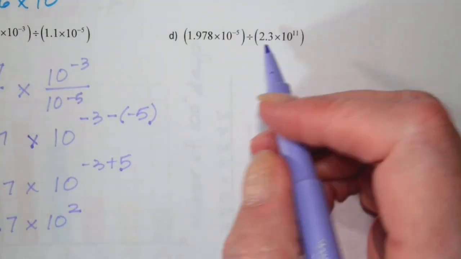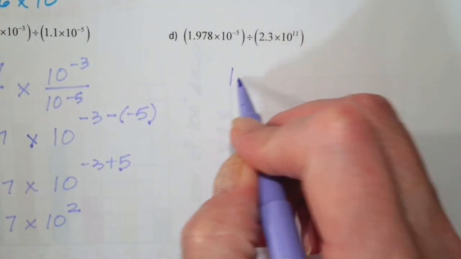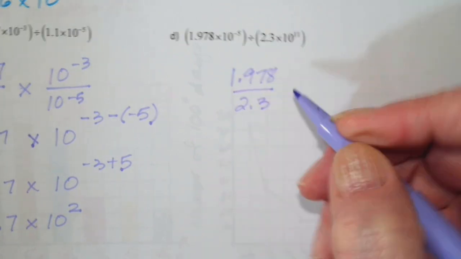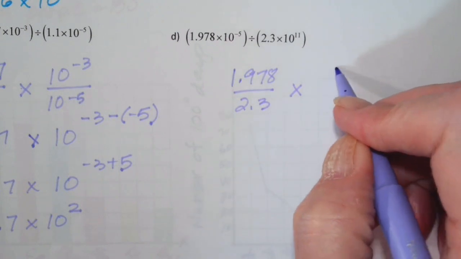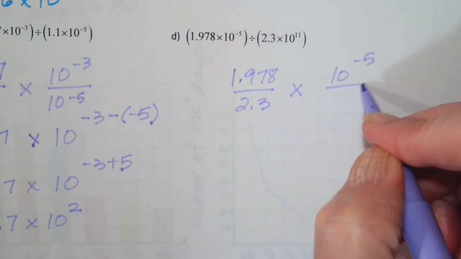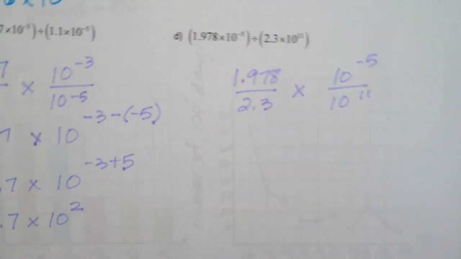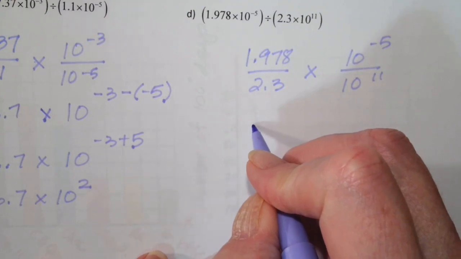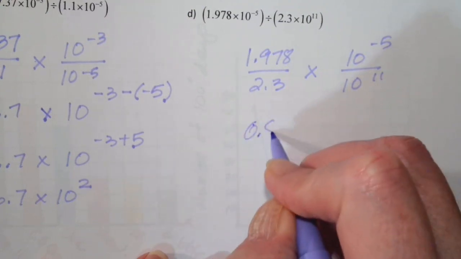Okay, our last one here, same process. 1.978 divided by 2.3 times 10 to the negative 5 over 10 to the 11th. So 1.978 divided by 2.3 gives me 0.86.